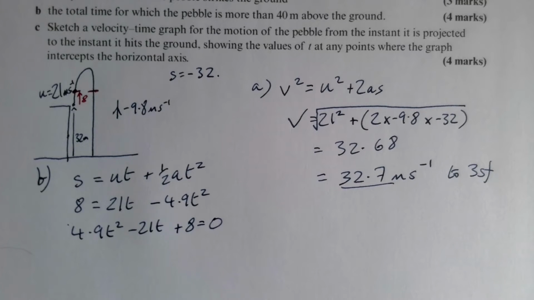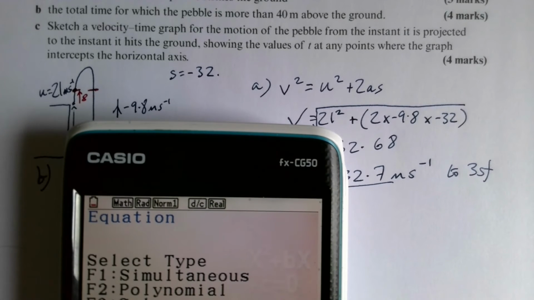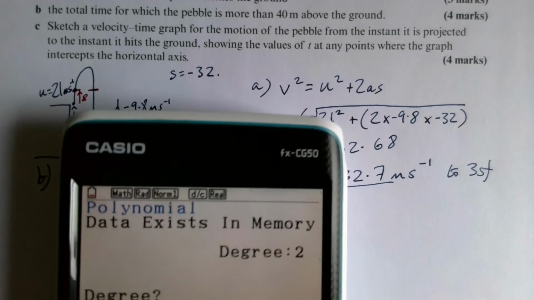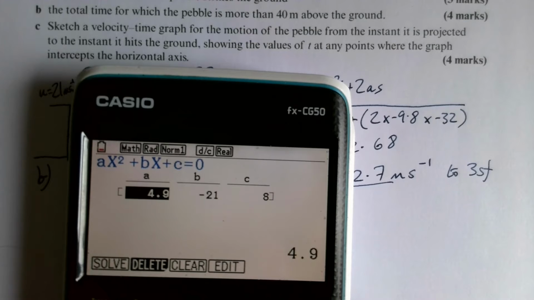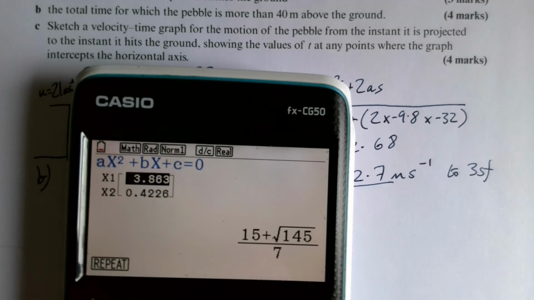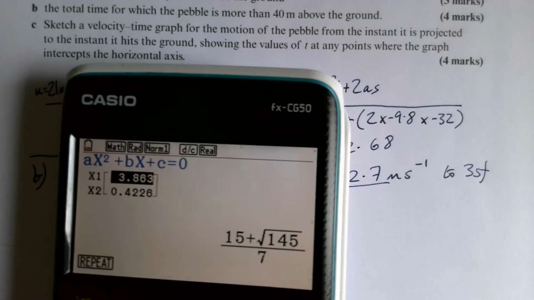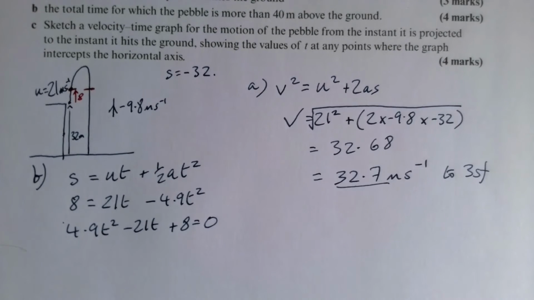I could use the quadratic formula, or using the calculators, we could just go to the equation solver, the polynomial, and pop in 4.9, negative 21 and 8, and execute that, and we get 3.863 and 0.4226.